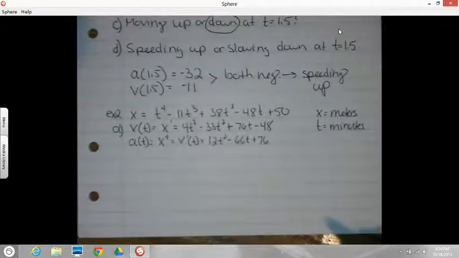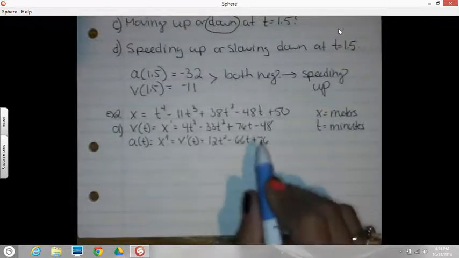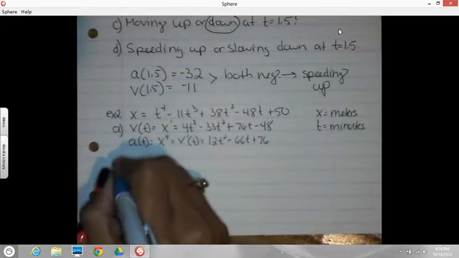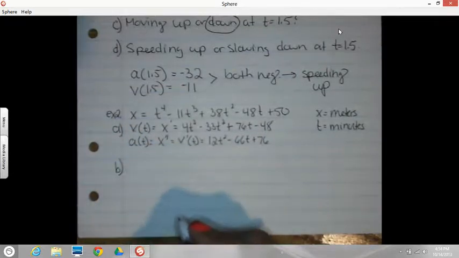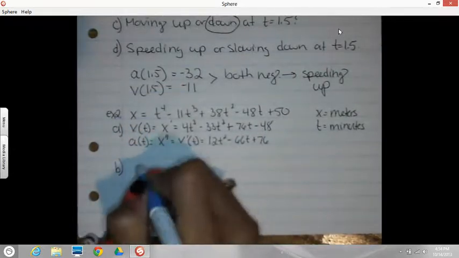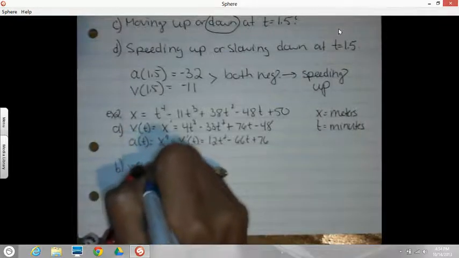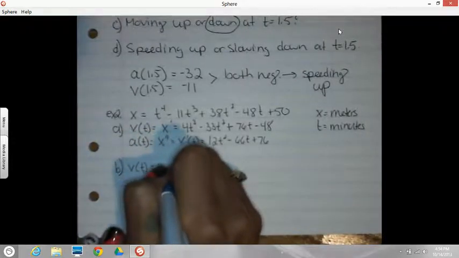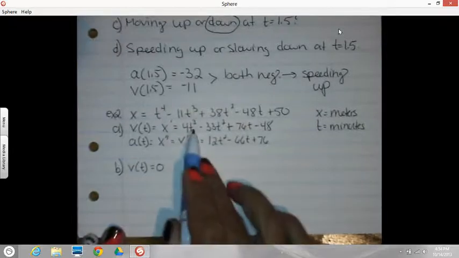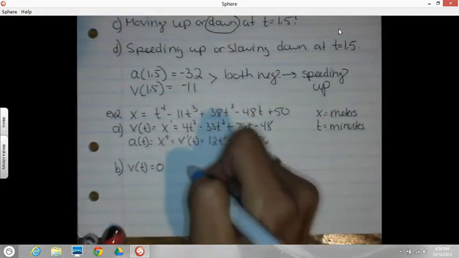Find all values of t for which the velocity equals 0. So we want to know, when does the velocity equal 0? So you are going to set this equation equal to 0.